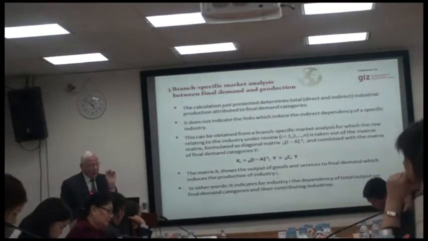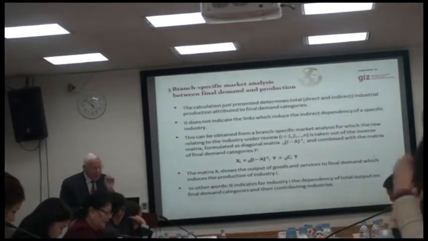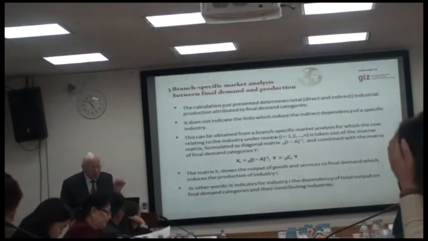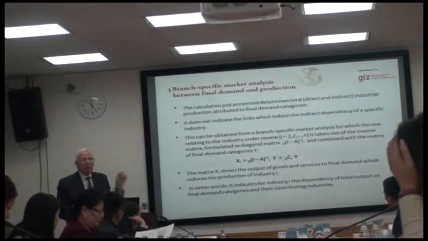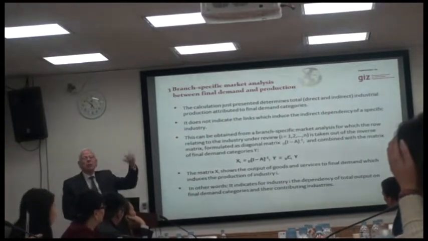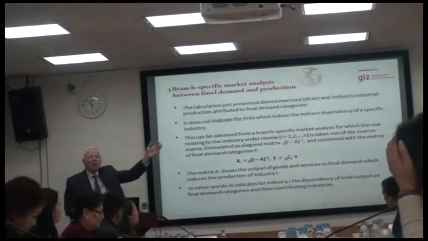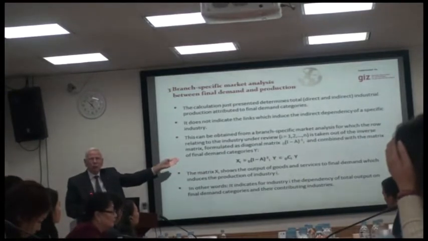But it does not indicate the links which induce the indirect dependency of a specific industry. Why agriculture must produce more goods than the direct demand for their own products.